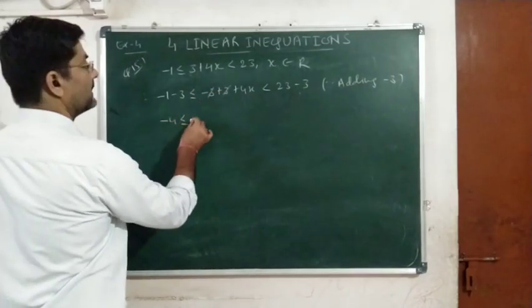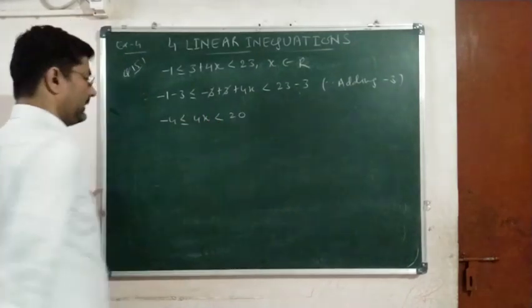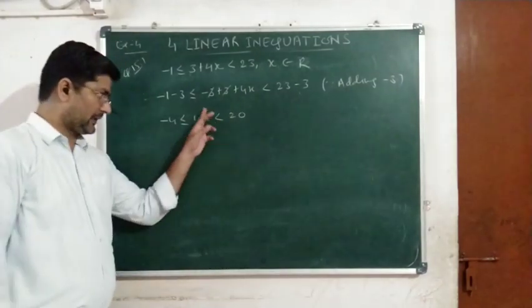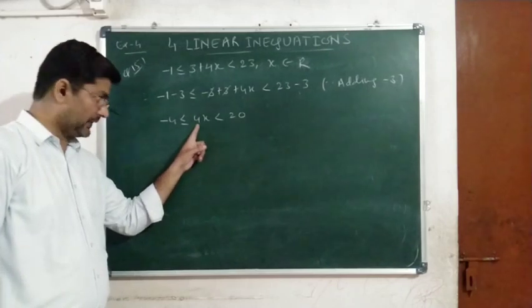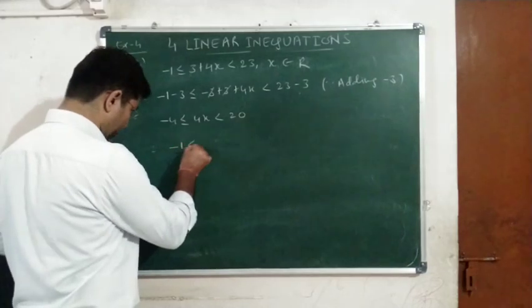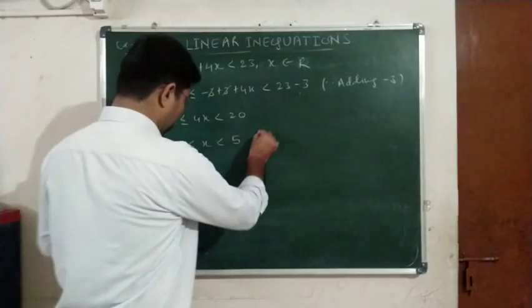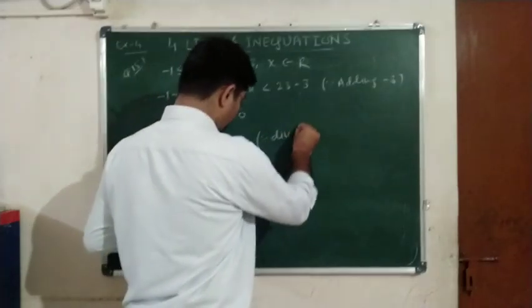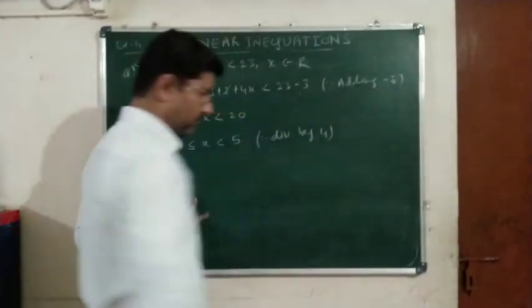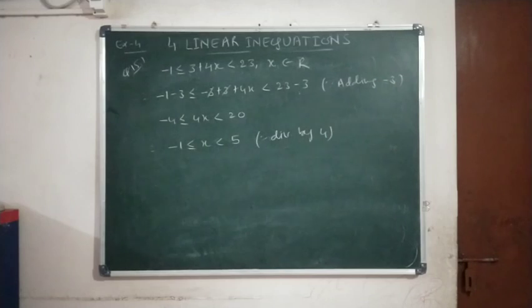Minus 4 is less than or equal to 4x is less than 20. Now in order to make x single, we will divide throughout by 4. So minus 1 is less than or equal to x is less than 5, since dividing by 4.